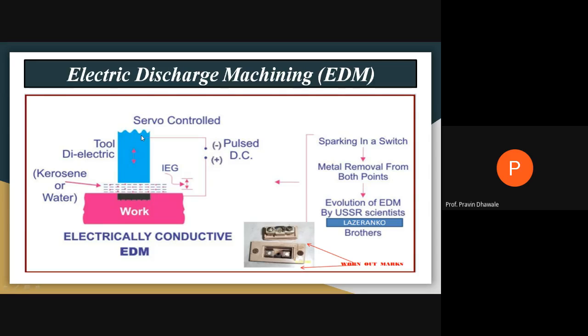This is the servo control tool. Its movement is carried out by a servo mechanism, and it consists of workpiece and tool. Both are electrically conductive materials, and because of the sparking and plasma, the material is removed from the surface of the workpiece.